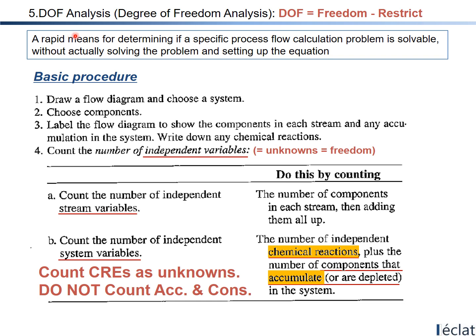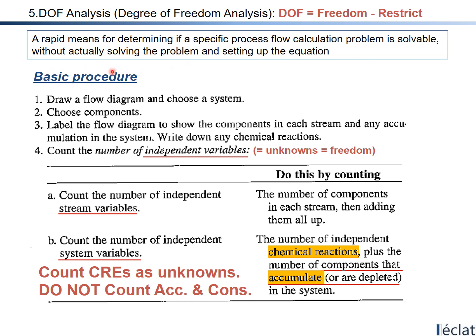Degree of freedom analysis is a means for determining if a specific process flow calculation problem is solvable or not, without actually solving the problem and setting up the equations. So I'd like to emphasize that you will do the degree of freedom analysis before calculating the problems.